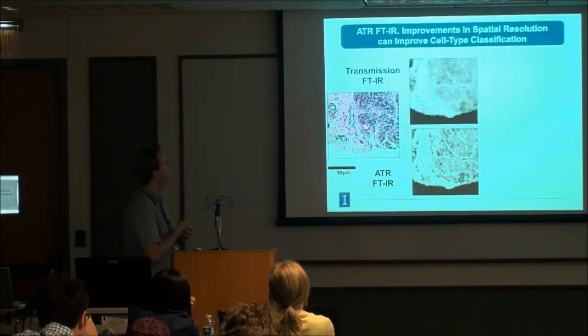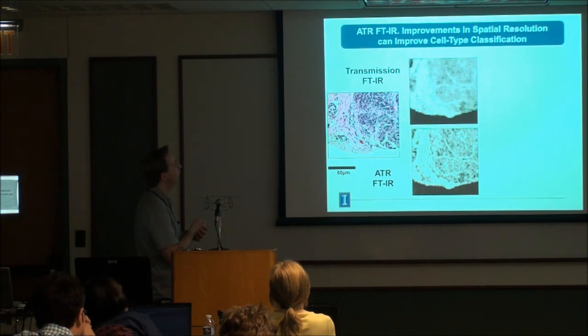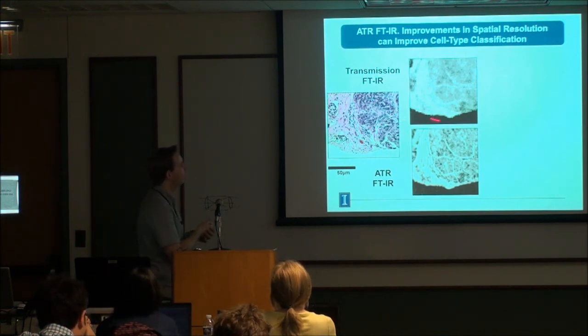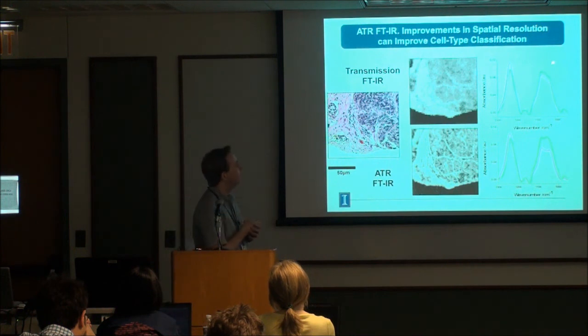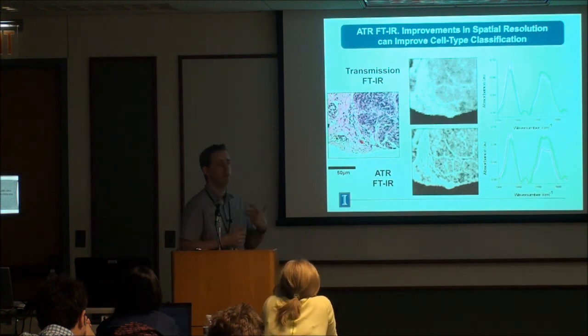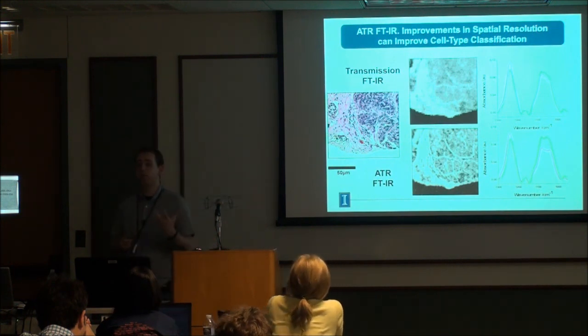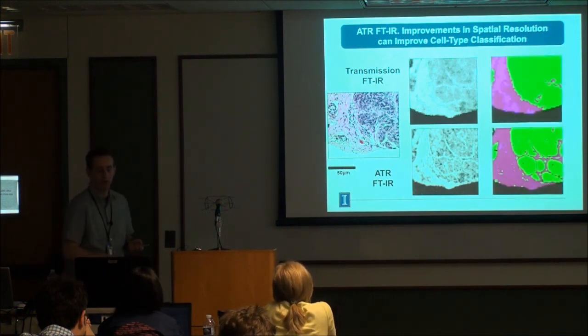This is an example of a TDLU you were speaking about before with infiltrating stroma. This is our low resolution, this is our higher resolution ATR. When we extract spectra from these, if you compare epithelial in green to stroma in purple, or magenta, when you have the high resolution, you get a much greater chemical contrast. This is important because it's this chemical contrast that we use to drive our classifiers.